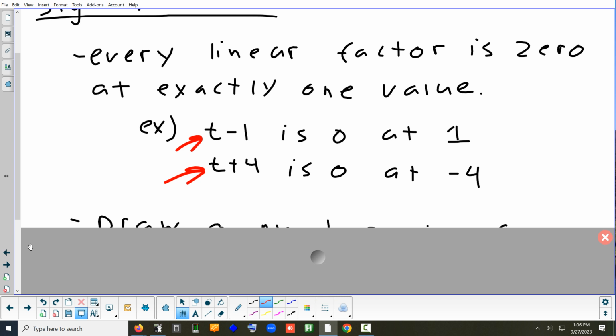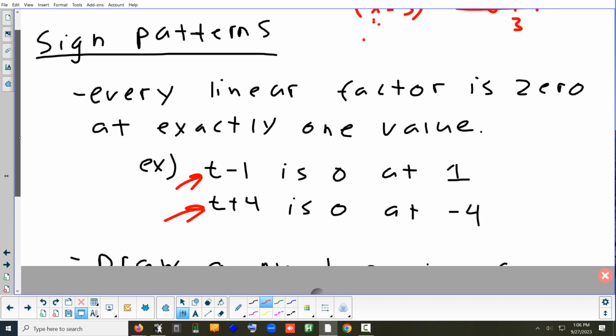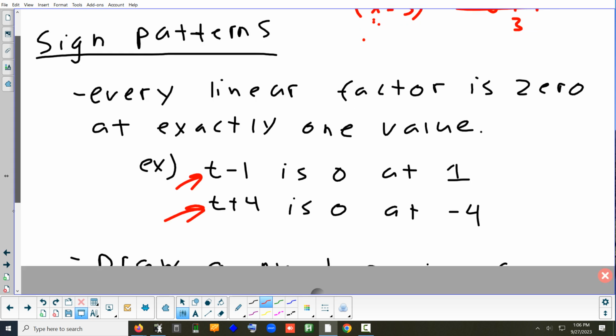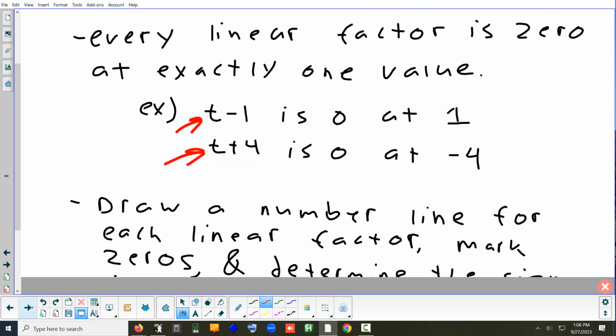So that's the first step. You have to be able to take your problem and factor it. And then the second step is to draw that number line that I did in the upper right. So you make a number line. You mark the number that would give you 0. And when you do that, you're going to break the number line into 2 sections. You're going to have a section to the left and then another section to the right.